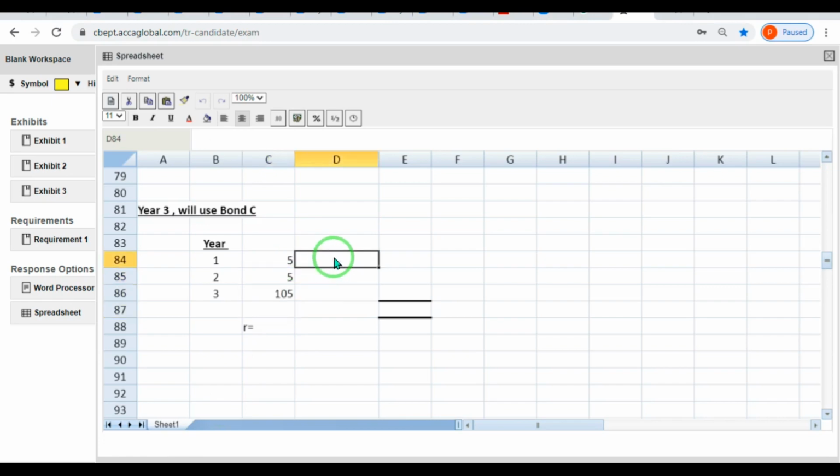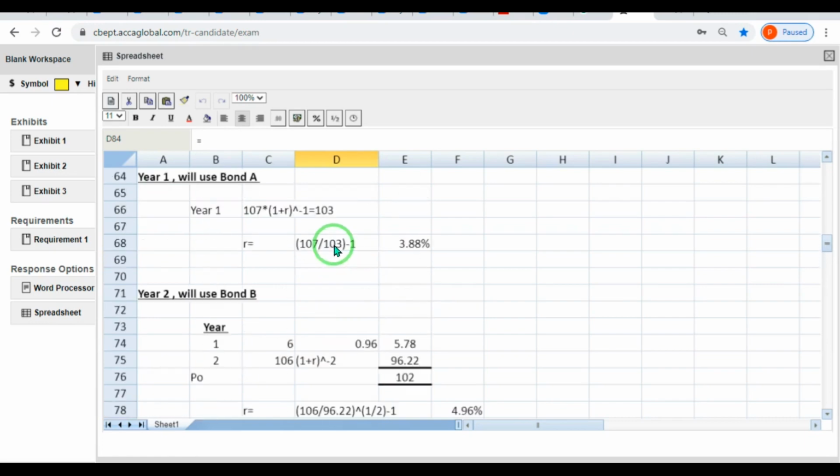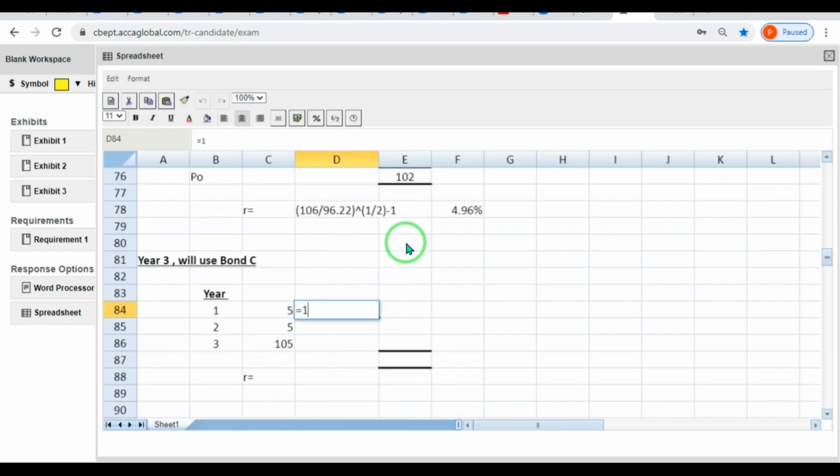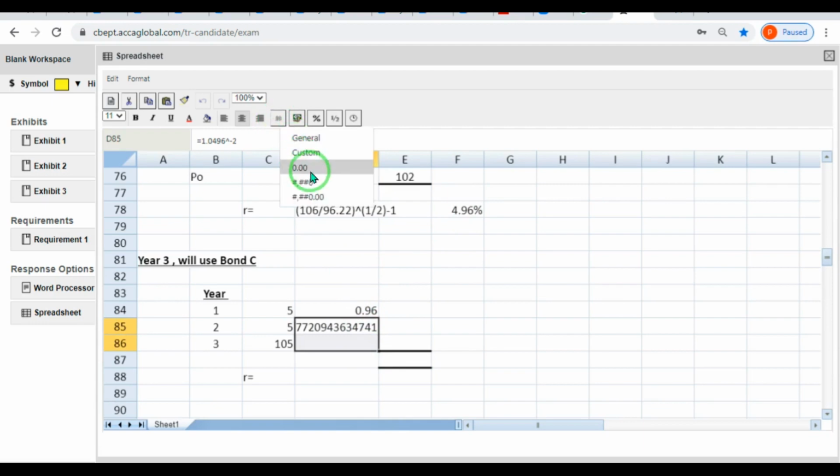This is equals to your 1 rate, which is 1.0388, power of -1, enter first, and this is equals to 1.0496 from year 2. This is power of -2. We are discounting this one. Ugly figure, never mind. We just make it to 2 decimals.